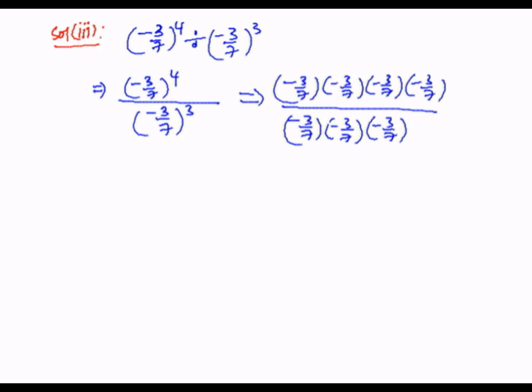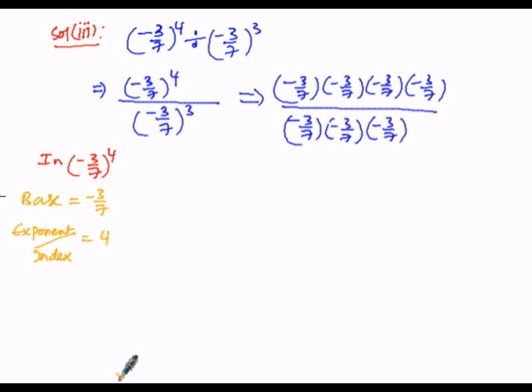So here in minus 3 by 7 whole power 4, because minus 3 by 7 must be repeatedly multiplied 4 number of times, the base will be minus 3 by 7, and the exponent or the index will be 4.